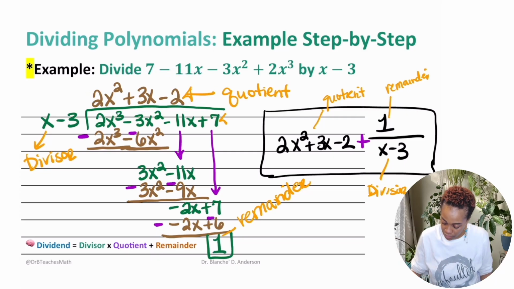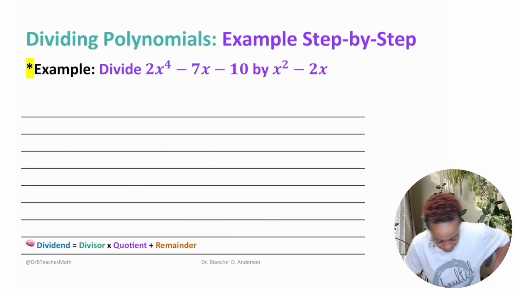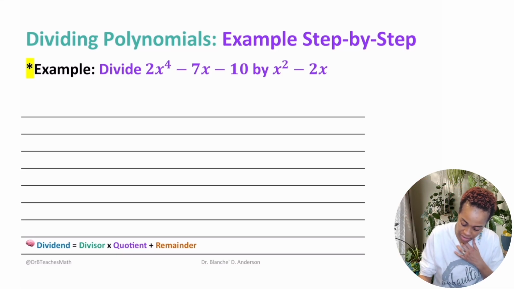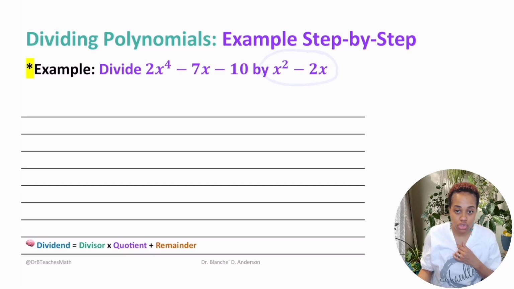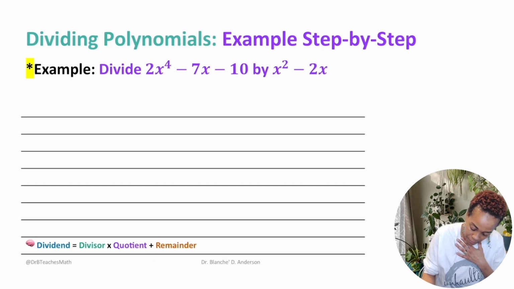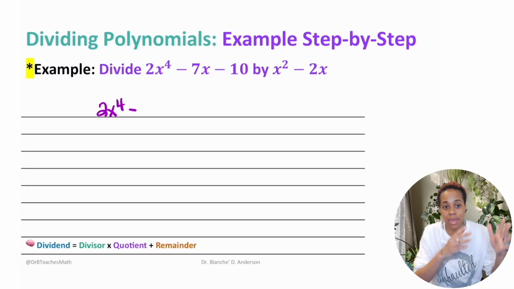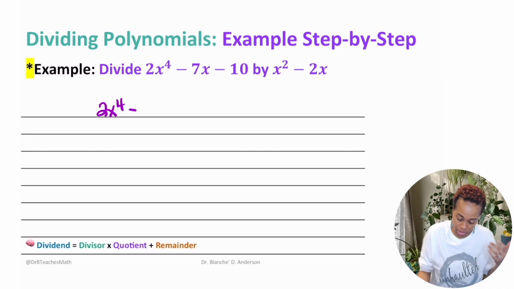Now let's do this one: 2x to the fourth minus 7x minus 10 divided by x squared minus 2x. So let me write that. I'll start it right here. 2x to the fourth. Now, fill in your missing positions so that when you do the math, you can combine like terms correctly.